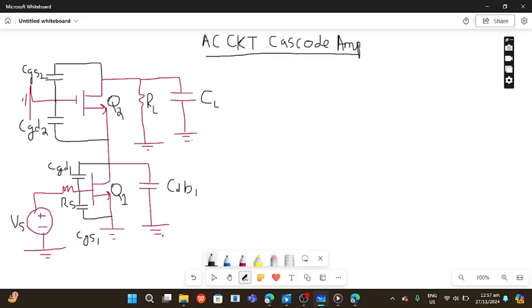So now what can we conclude? What can we simplify? We studied that it is connected to the same node as this, and it is also connected to the same node as this CDB1. So now we will just shift our capacitors here and there.